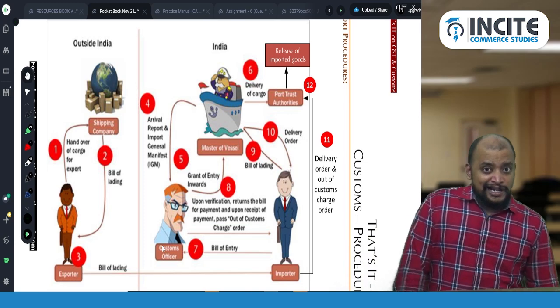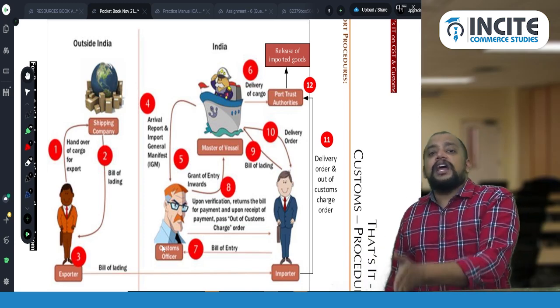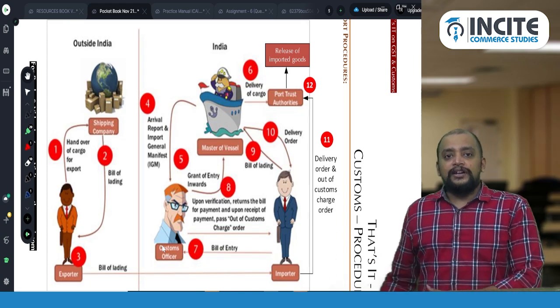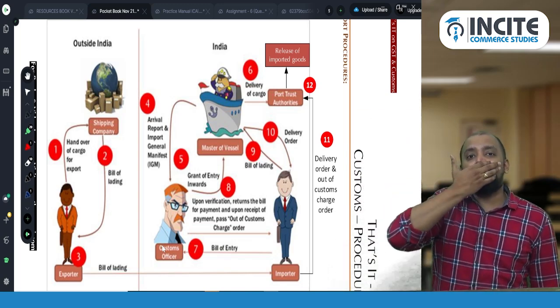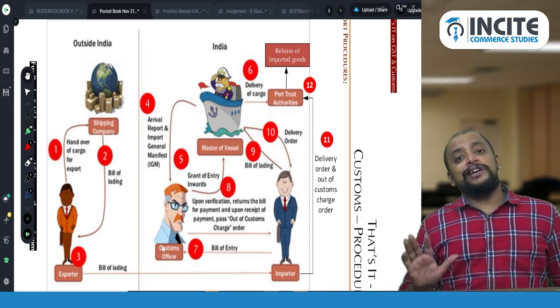In case of vessel, grant of entry inwards is to enter, whereas in case of aircraft and vehicle, it is only to do unloading. Because where can you park the flight if you are not giving grant of entry inwards? The remaining points are the same.